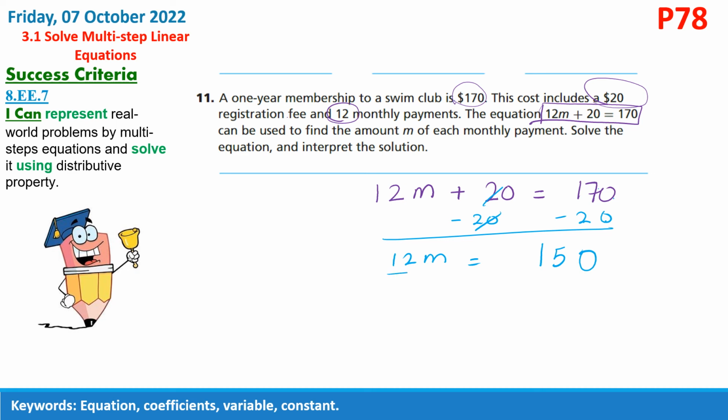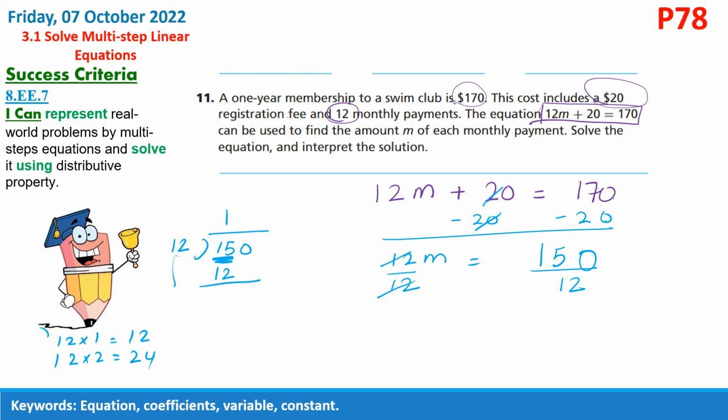Now both sides divide by 12. Okay, let's try 150 divided by 12. Now 15 goes in the table of 12, right? So 12 times 1 is 12, because 12 times 2 is 24. Look here, 12 times 1, 12, and 12 times 2 is 24. Right?